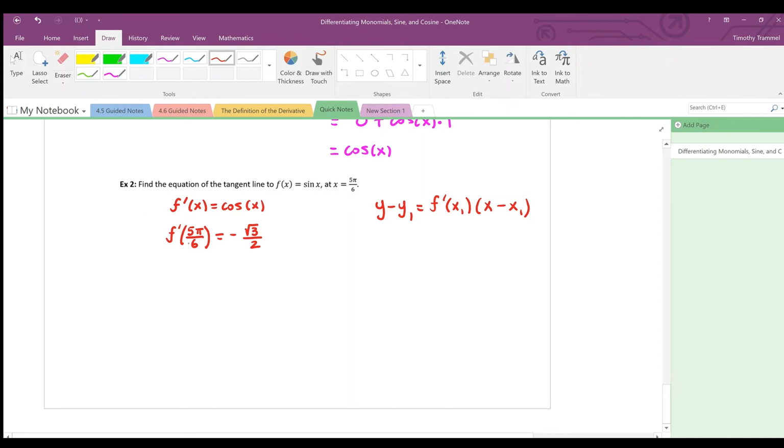All right, now that we have the slope of our tangent line, let's find this point y1. Keep in mind, we know the x value that we're concerned with. If I just want to find the y value, I just need to plug it into the function. f of x will give me the y value.